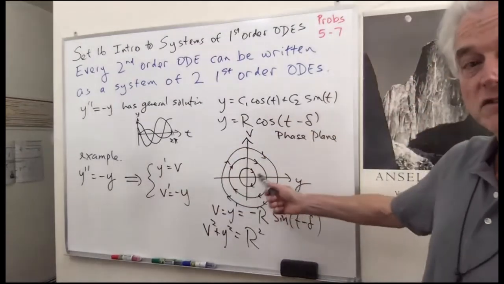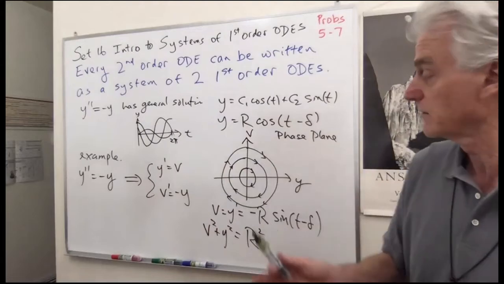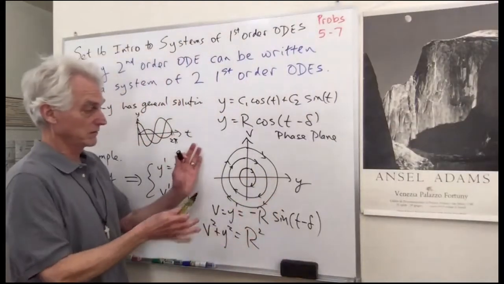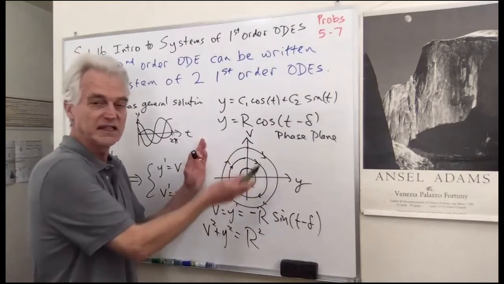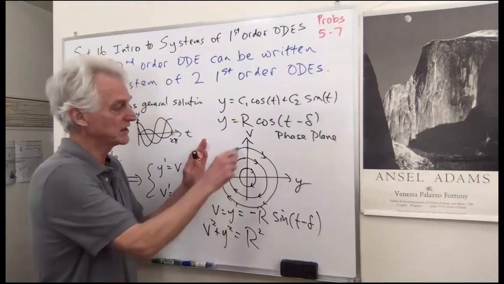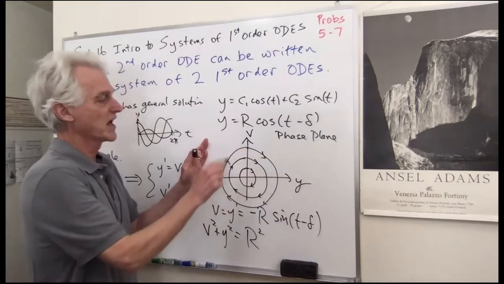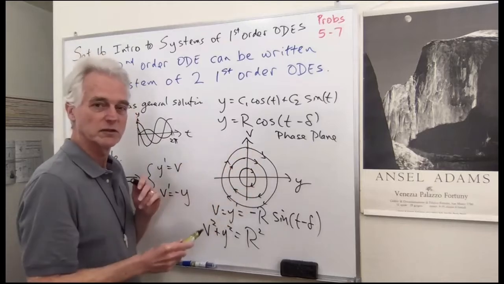And the trajectories in the yv plane don't cross. What you have to pay to get that is that t is not visible here. The only remnant of t is the little arrows that say, as time goes on, the point moves around this circle.